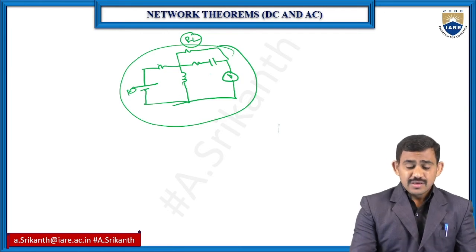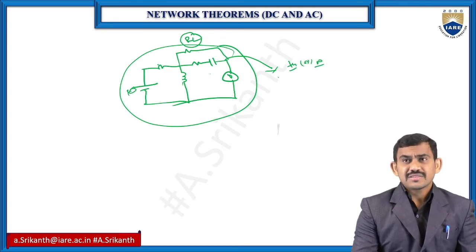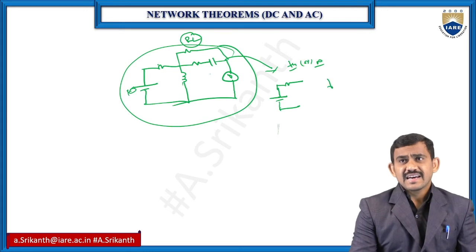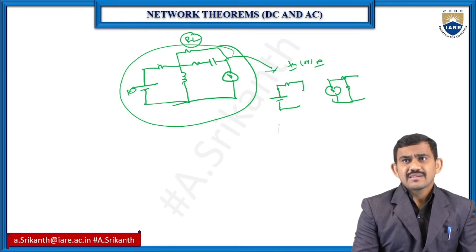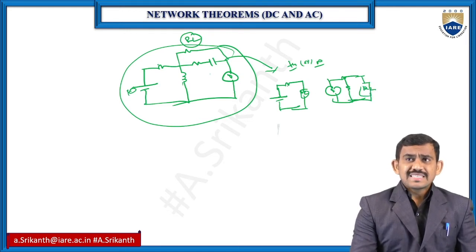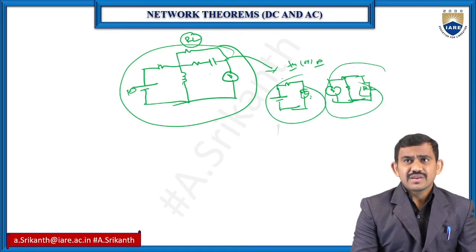So for maximum power you need to convert this whole circuit to Thevenin's or Norton's circuit. The Thevenin circuit means one voltage source in series with one resistor or impedance, and the Norton circuit has a current source in parallel with one impedance. Here we have the RL. Then what is the RL value? In either condition, the RL value is nothing but your RN value.